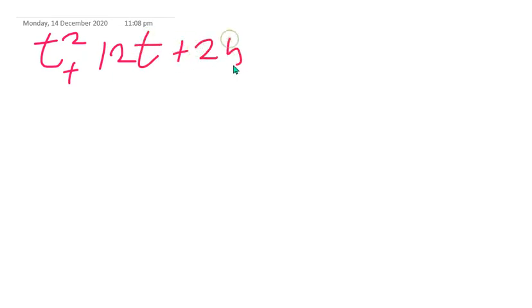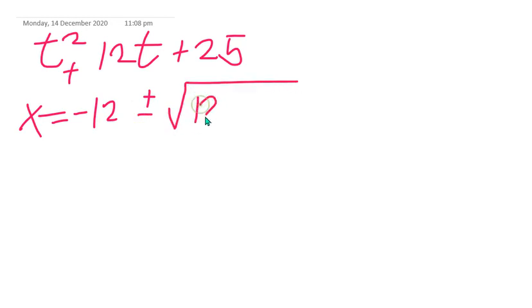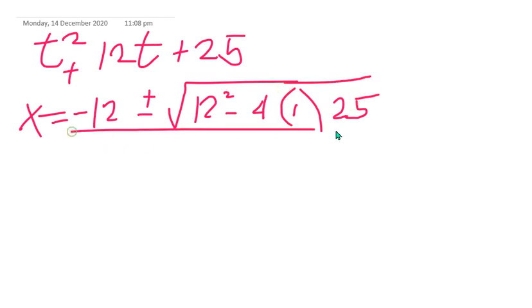So if we have t squared plus 12t plus 25, plug in negative 12 plus or minus square root of b, 12 squared, minus 4ac, where c is 25, over 2 times 1.